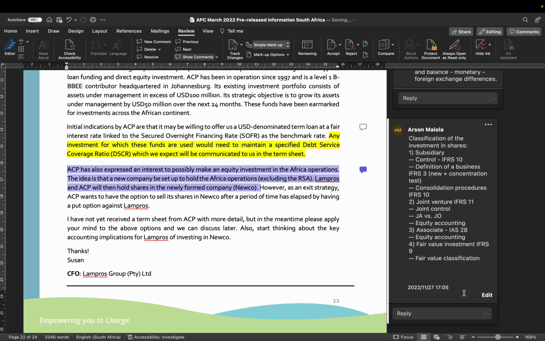So, a very high level point saying we're worried about the accounting implications of this new investment into NewCo, which alludes to concerns on classification and maybe even measurement. There's a lot of research to do in terms of just revising the basic principles, because we don't have any specific direction in terms of where this is going to go.